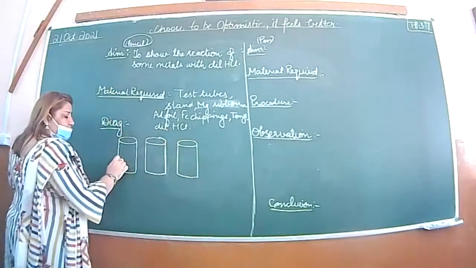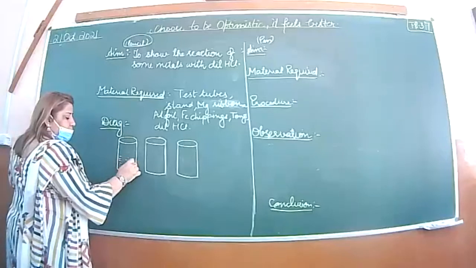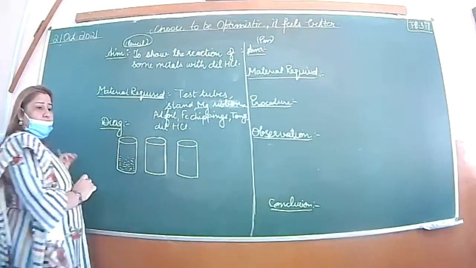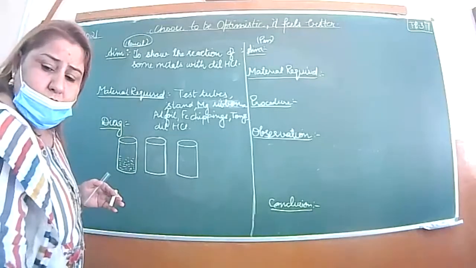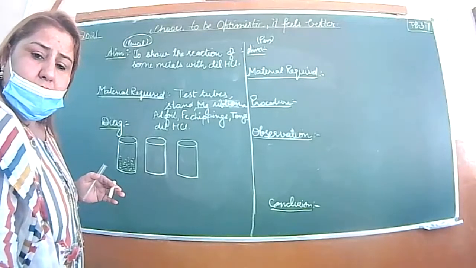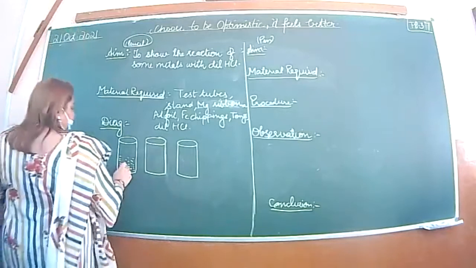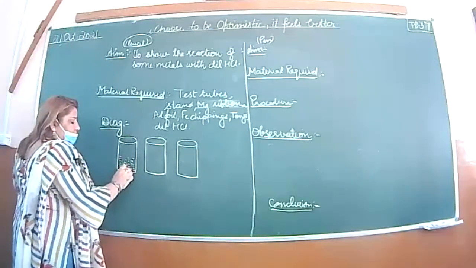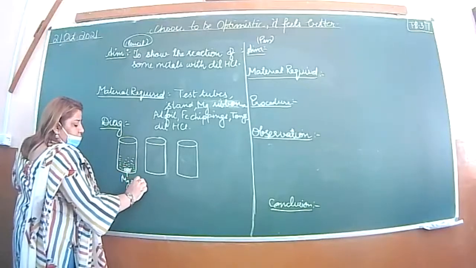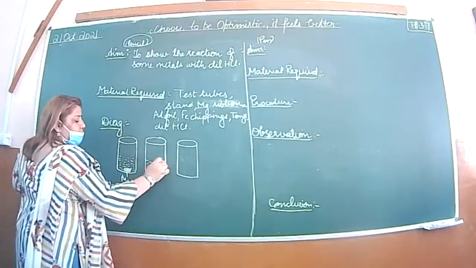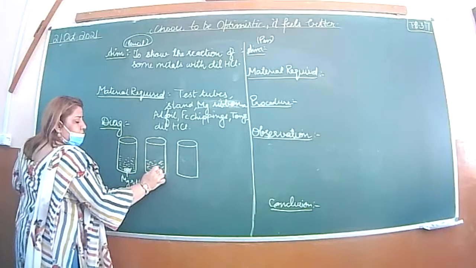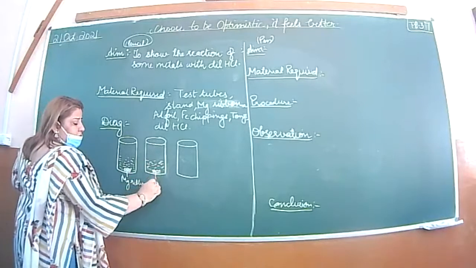Okay. In this first test tube, what will you take? You will take dilute HCl plus magnesium ribbon. In the second test tube, dilute HCl plus iron chippings.